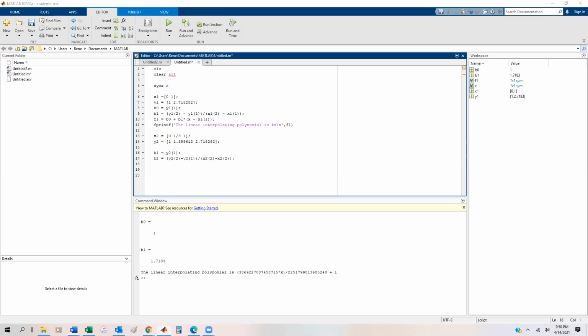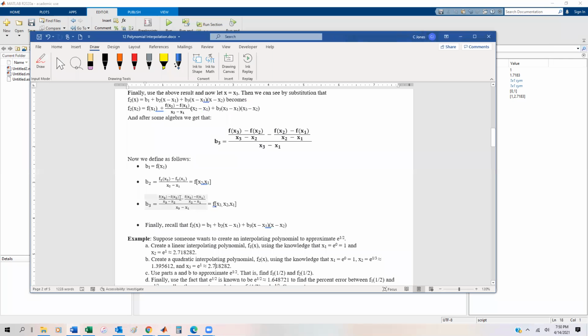We look at our formula and we have this animal right here. So we're going to have y3 minus y2 divided by x3 minus x2. And then we're going to have y2 minus y1 divided by x2 minus x1. And the good news is we just computed that. That's B2. So we could just substitute B2 right in there. And then we're just going to divide all of that by the difference between x3 and x1. So that's not too bad.